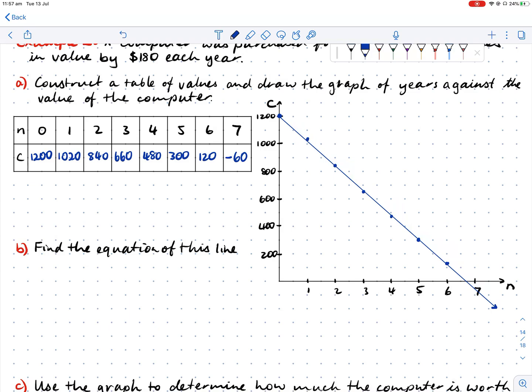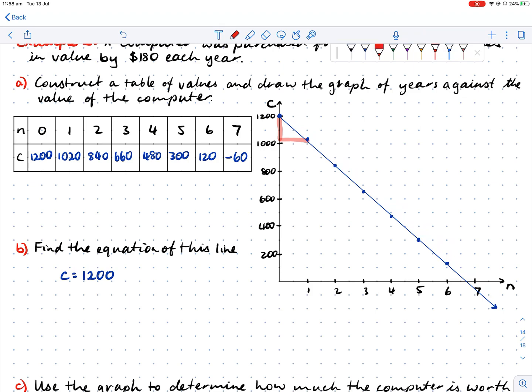Part B, we want to find the equation of this line. To work out the equation, like before, we need gradient and y-intercept. The y-intercept is easy. We can read that off straight away. It's 1,200. To work out the gradient, we want to do rise over run. We can pick our triangle to be this part here, up to that point.